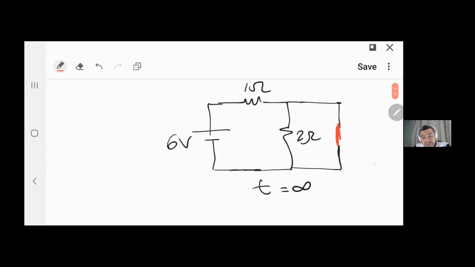So if an inductor is replaced with a piece of wire, this means this piece of wire that has 0 resistance will end up shortening out this 2 ohm.